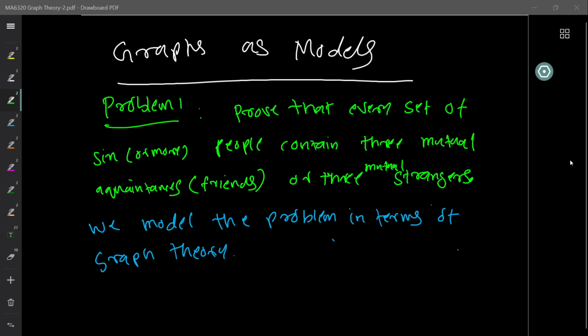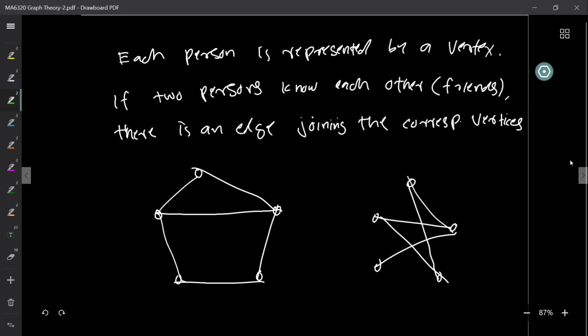So if you can find a three vertex clique or an independent set of size 3, that they have not met each other. You are basically representing this question as a graph theory question where you are looking for subgraphs which are either complete graphs on three vertices or independent sets on three vertices.